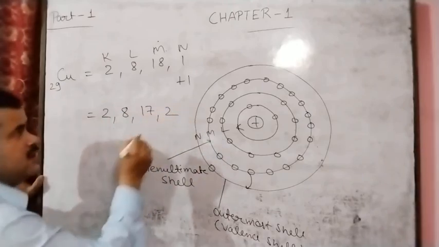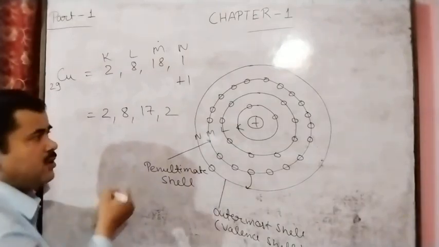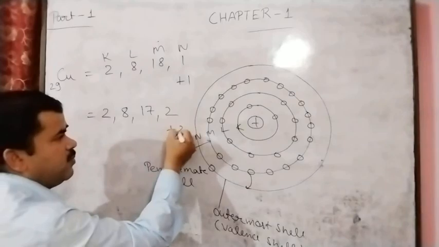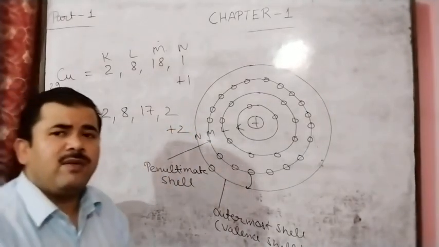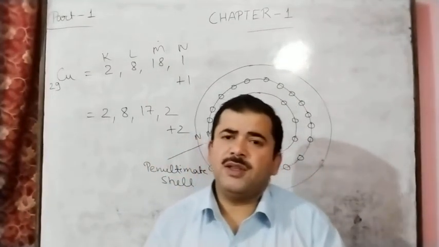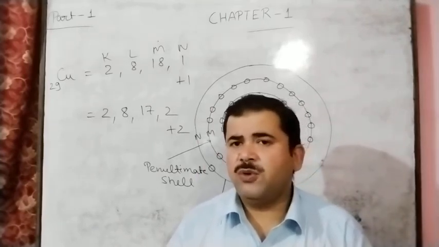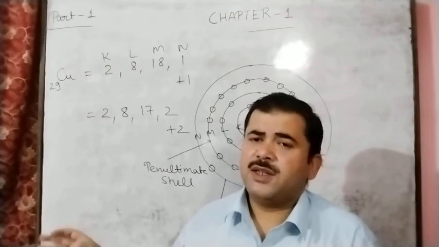In this case the valence shell loses 2 electrons, so the valency will be +2. This is the reason for variable valency, and only a few elements have this property.